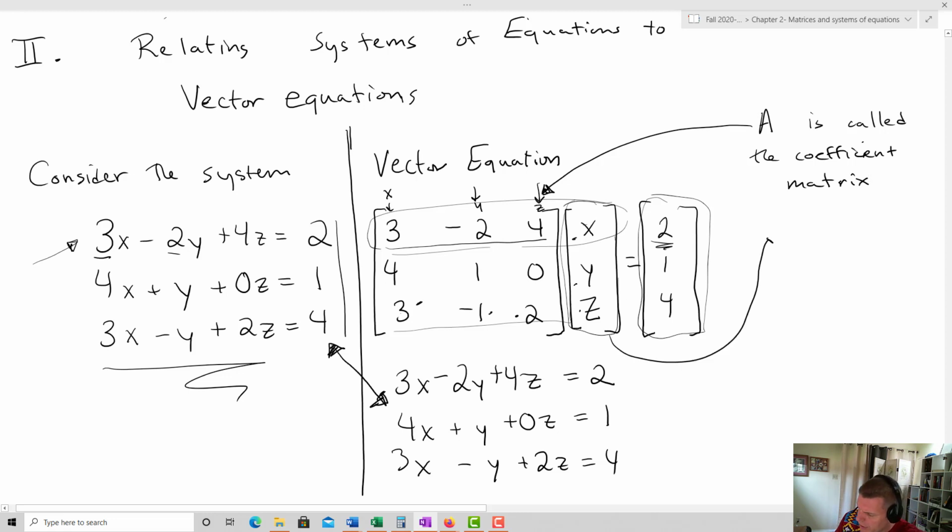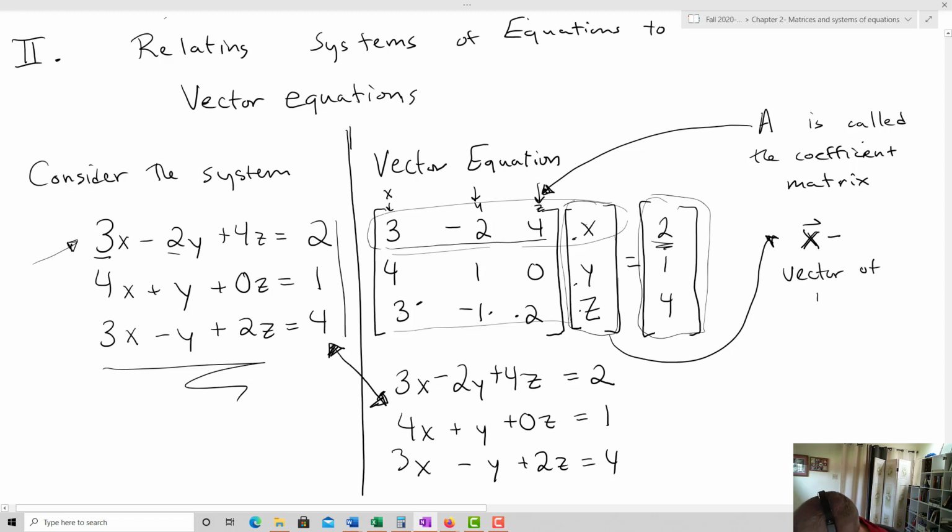This vector here, we're going to call it x. x is the vector of unknowns.